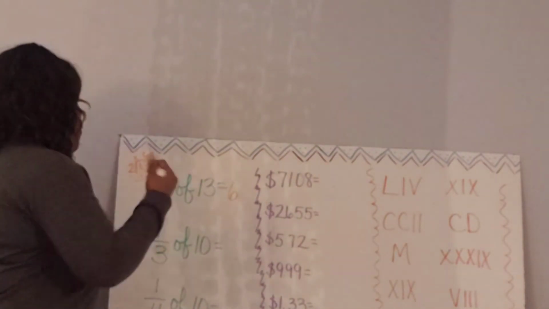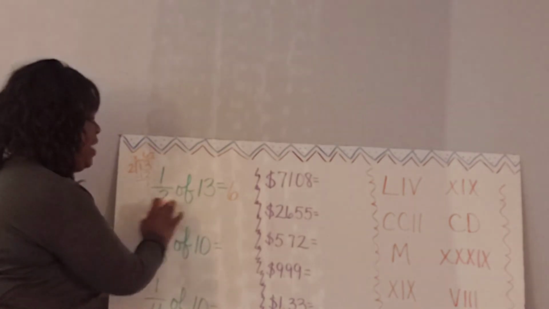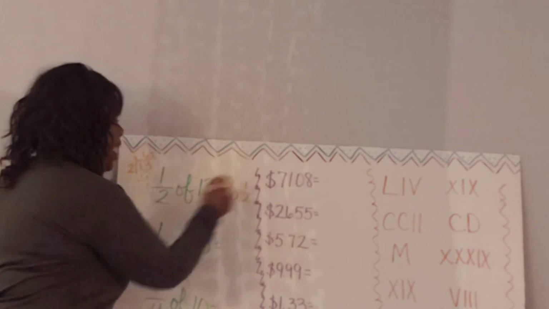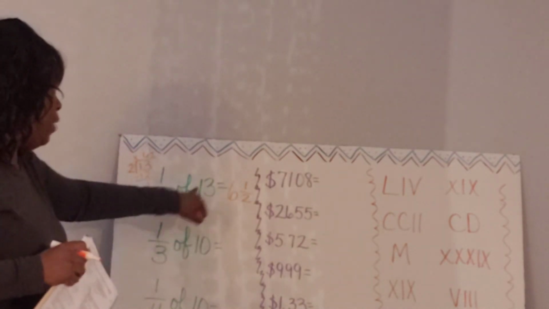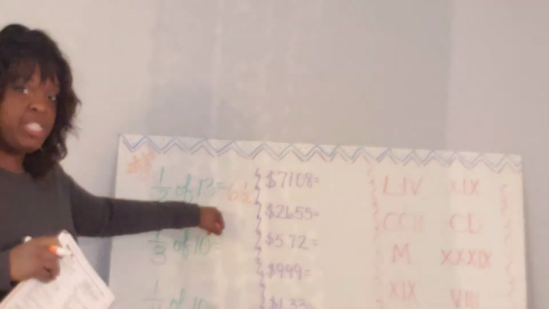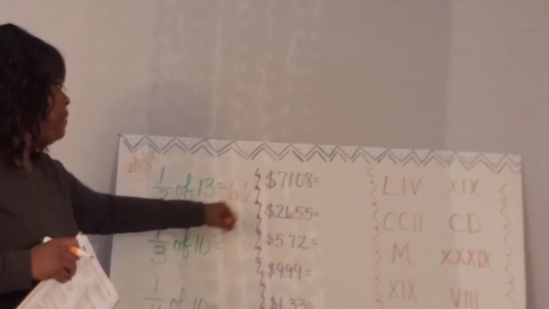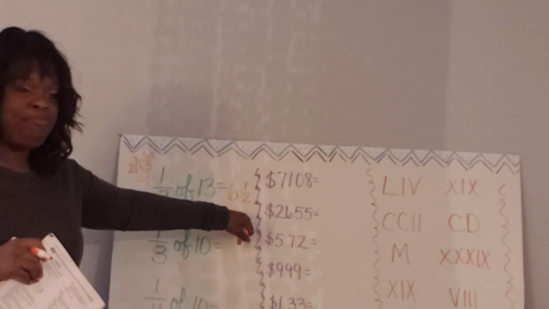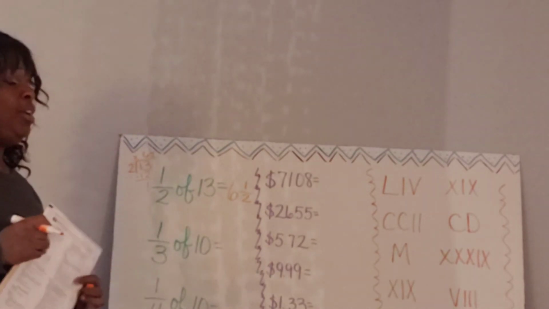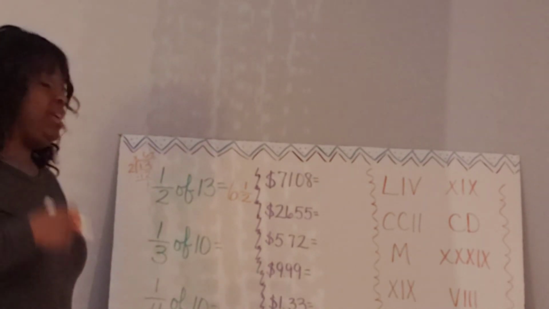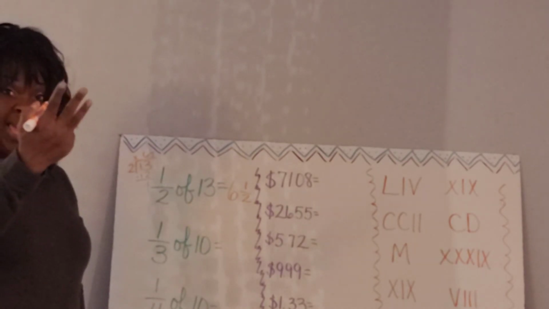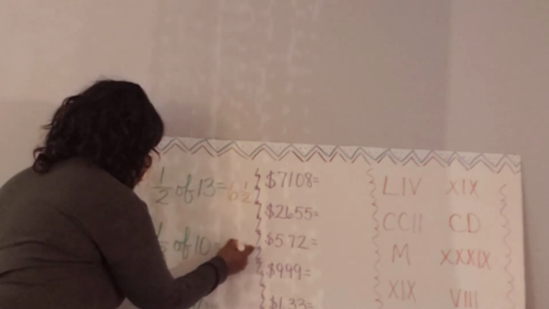Anyway, so it's going to be 1/2 of 13 equals 6 1/2. You take whatever's left over, 13 minus 12, that's your numerator, and your denominator stays the same, the 2. Then 1/3 of 10. Count by 3s until you get to 10 or close to it: 3, 6, 9, so it's going to be 3.